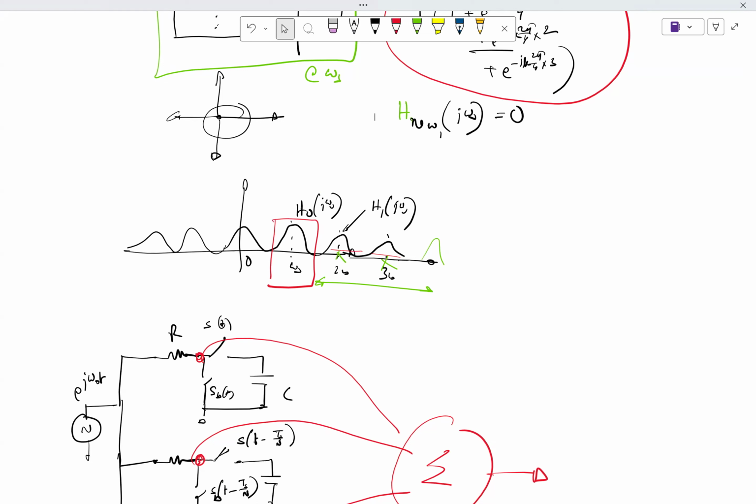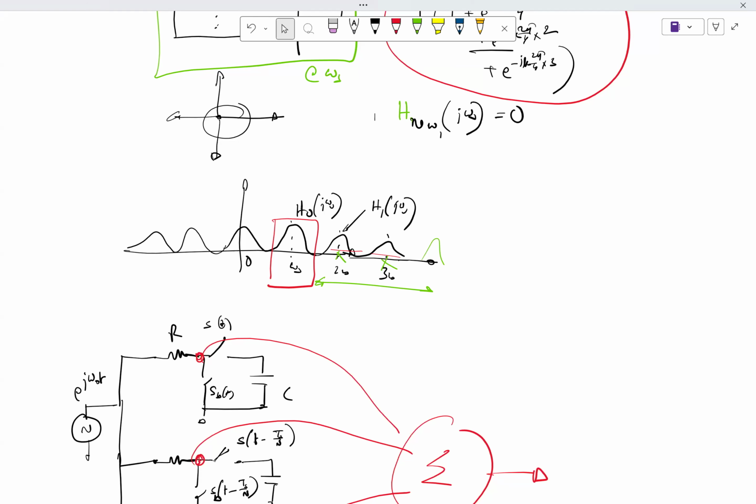Let me finish answering his question. If I use only a single RC kernel, we are going to get sidebands which are very close by, which are not necessarily good for applications.